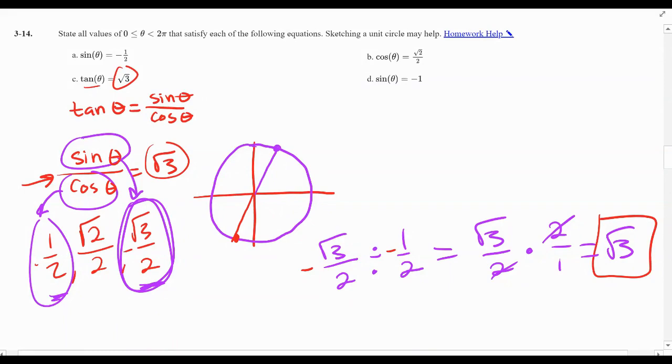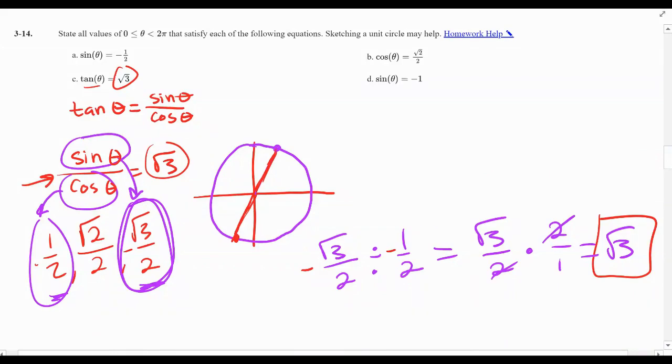Something to note about tangent is that it also represents the slope on the unit circle. So in this case, I can just continue that line to the other side here because it continues to have the same slope.